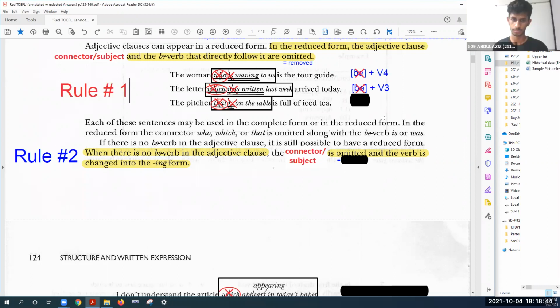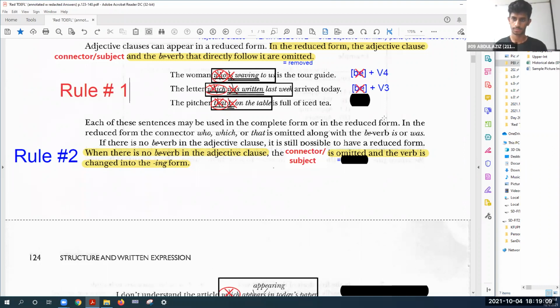So the pitcher that is on the table is full of iced tea. How do I decrease this one? How do I reduce it? Remove that and this. Is that just a connector? Connector and subject. Correct. It's both connector and subject at the same time.